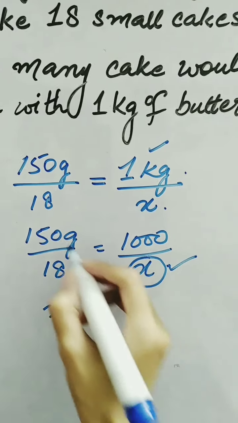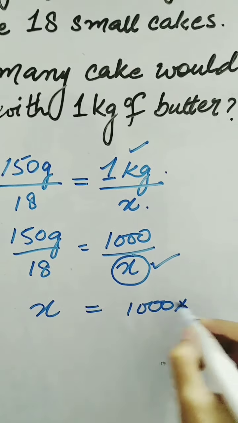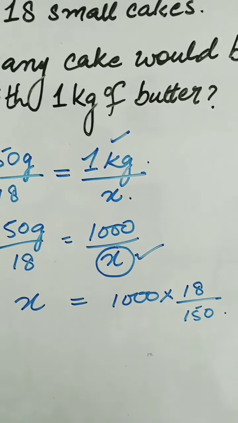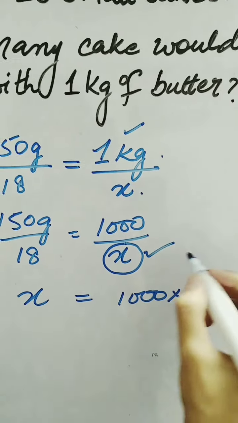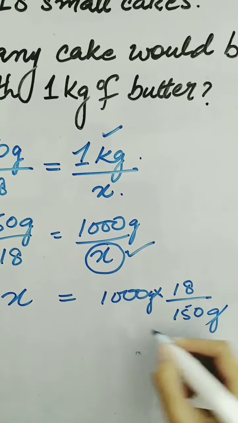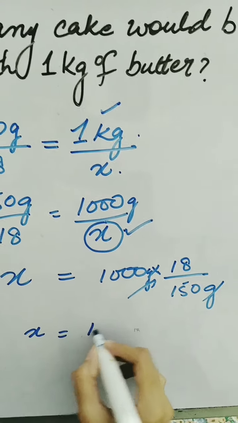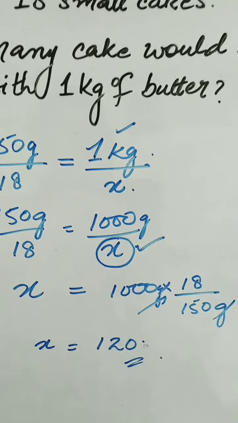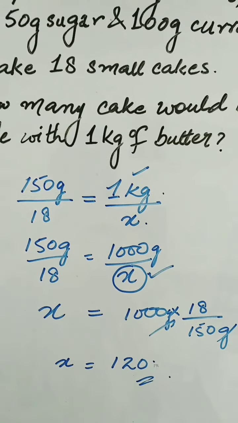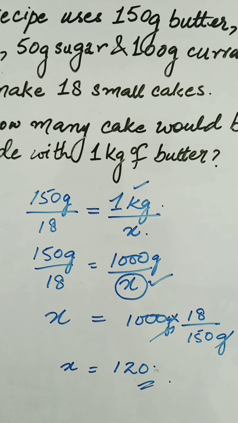So x is in the denominator here, it moves here, and we have the equation in this form. And we have 120 as the answer after the cancellation. So with 1 kg of butter, we will have 120 cakes.